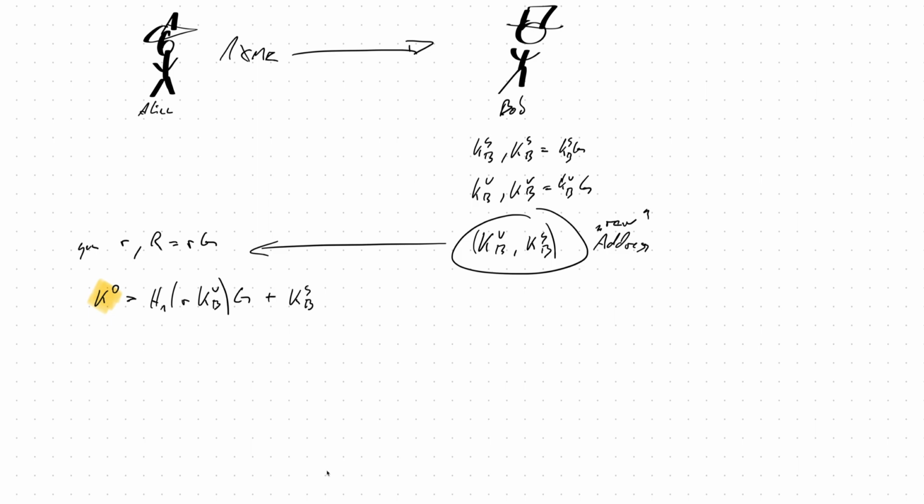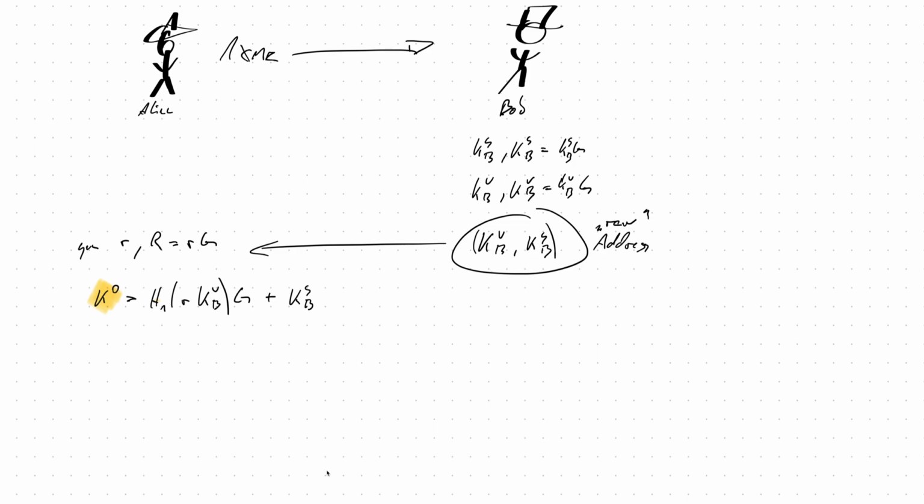Because a random is involved, it differs each time, and that's exactly the reason why you cannot use Bob's public spend key as a transaction key, because it would be the same and would be easily linkable to Bob's raw address. Okay, now we understood why we brought in the random.